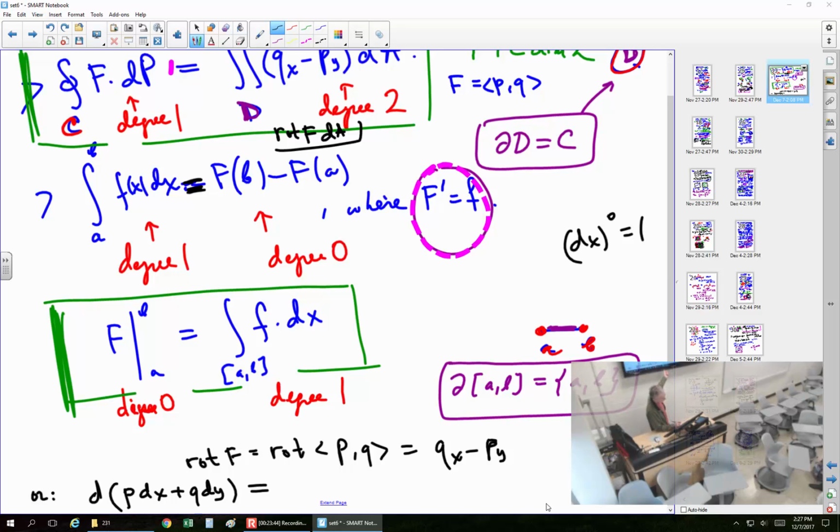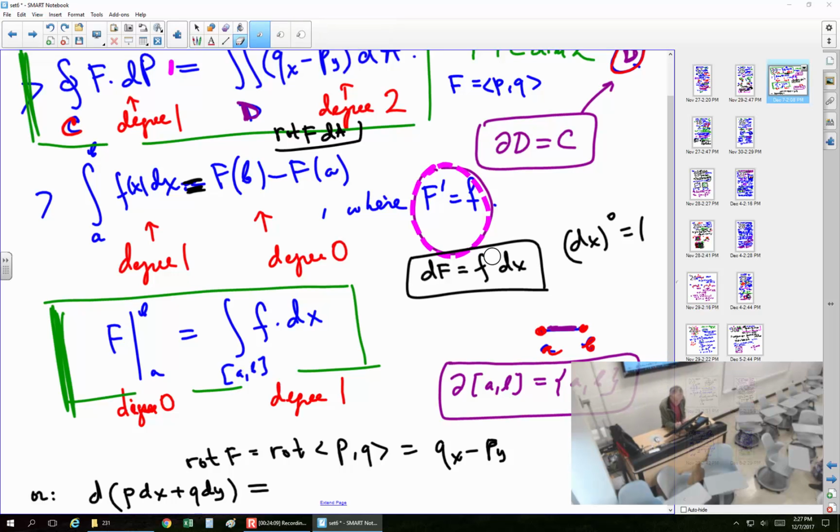Here, dF is equal to f dx, where f lowercase is the derivative of F capital.